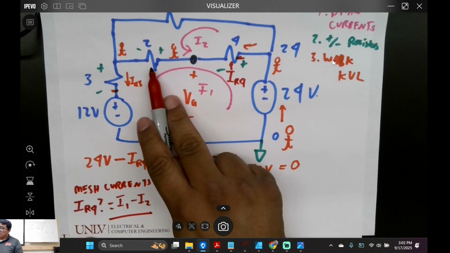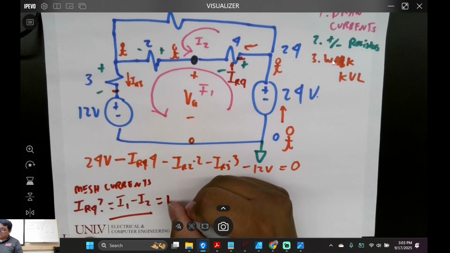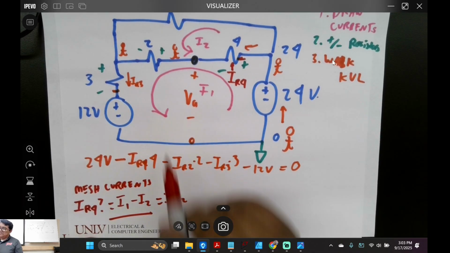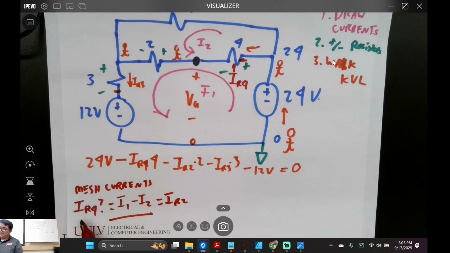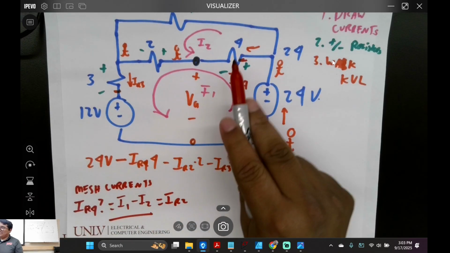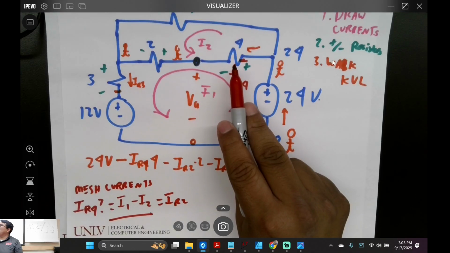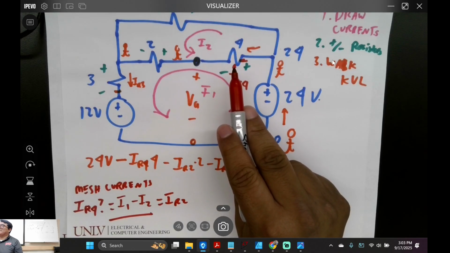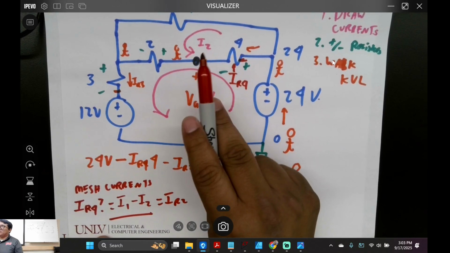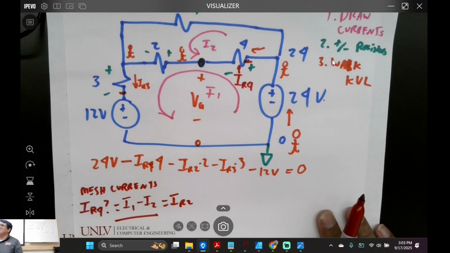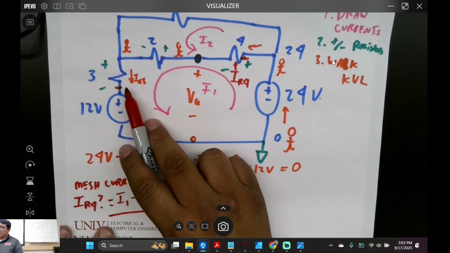What can we say about the current in this resistor, right? What's that equal to? The same current that's going through this, right? It's going to make our math a lot easier in the end. So it's all based off in terms of I1 and I2. Is that understood? What about the current in there?